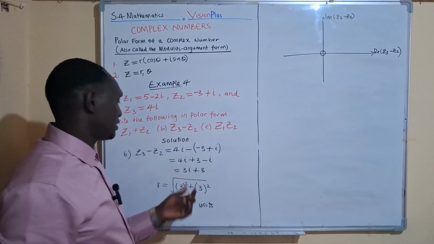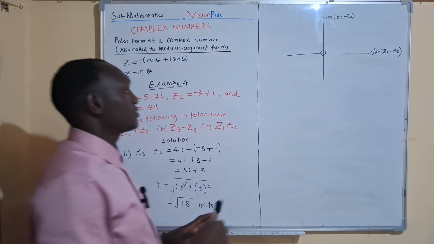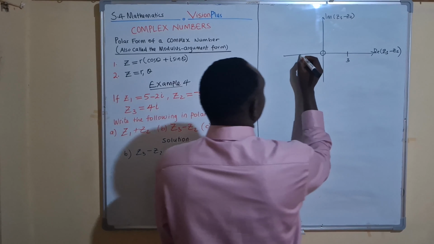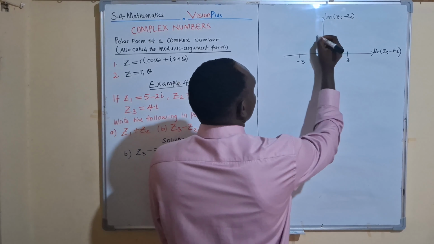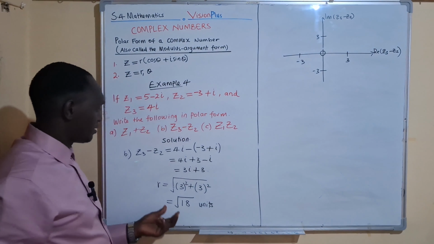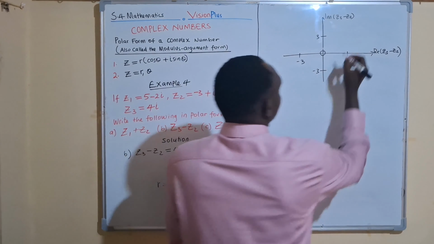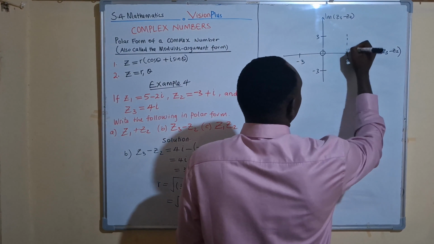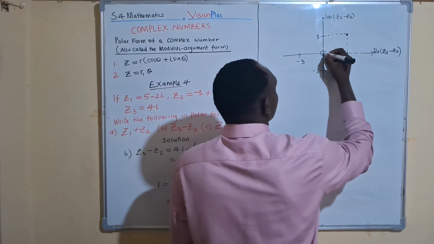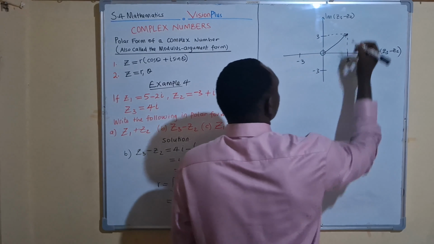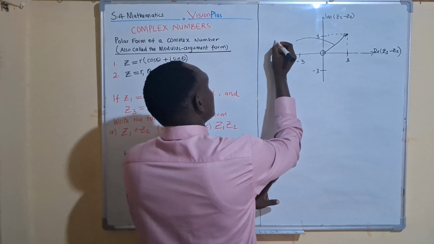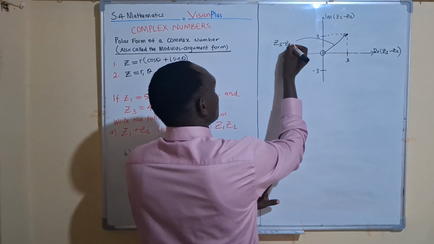When you look at the values, they are the same, 3 and 3, so we mark equidistant from the origin: negative 3, 3, negative 3. Since they are both positive, it means our complex number will be here, at the point of intersection of 3 and 3. Draw a straight line from the origin up to where the complex number is, put the arrow, and name it Z3 minus Z2.